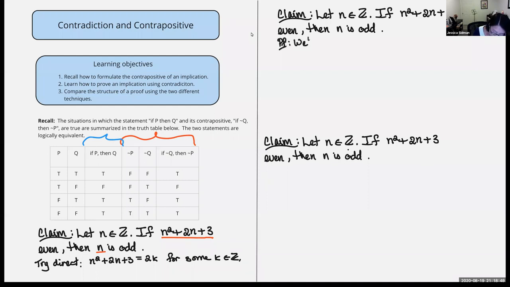And in a proof like this, it's good to signpost for your reader what your intentions are. Okay, so I'll say, we will prove the contrapositive. And remember, we want to try to take the cognitive load away from our reader, and interpret things for them.